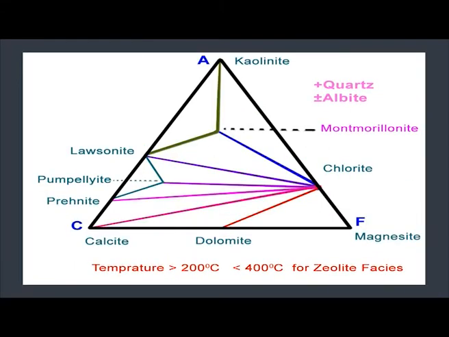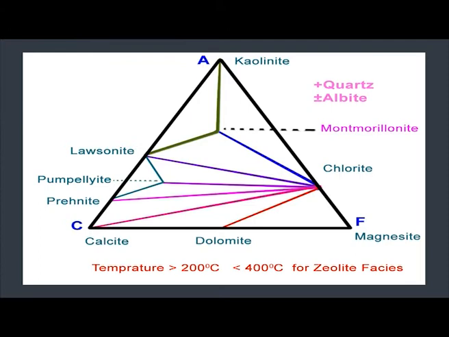A few zeolite minerals, analcine NaAlSi2O6.H2O and heulandite CaAl2Si7O18.6H2O, with quartz and adularia are also observed in the mafic rocks in the diagenetic stage.